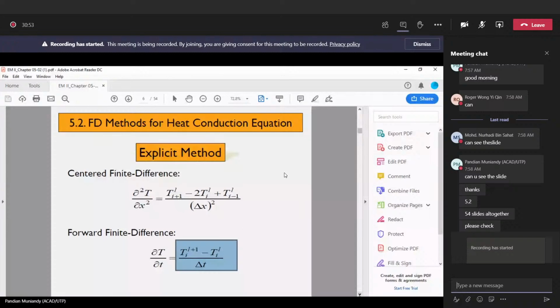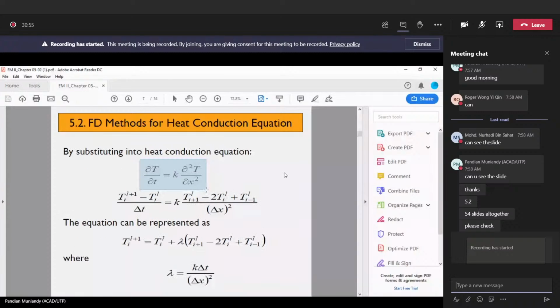The partial differential equation, PDE, is what we want to solve numerically. So we have to change the PDE into numerical form, and that is the whole idea. We want to solve del T over del t equals K, where K is the constant, times del squared T over del x squared, in the form of a numerical solution.